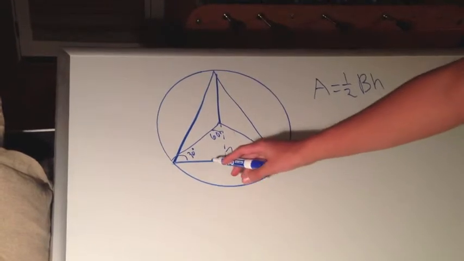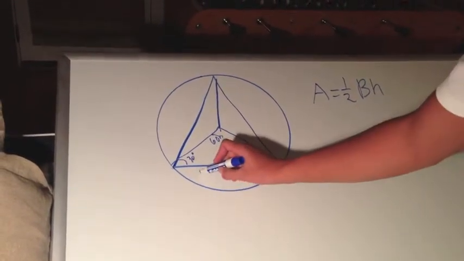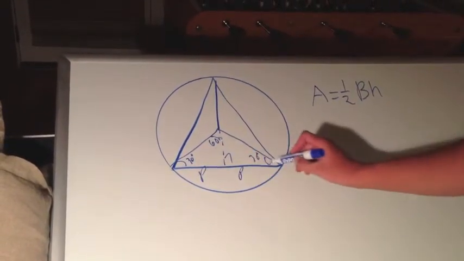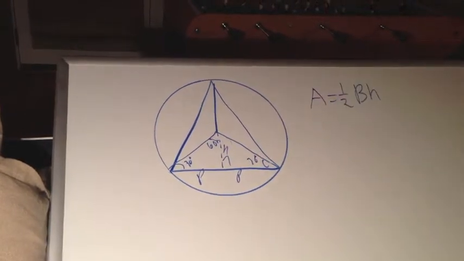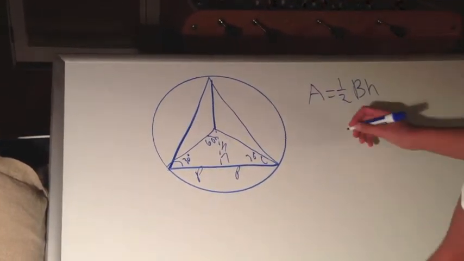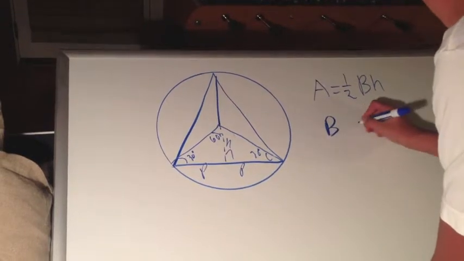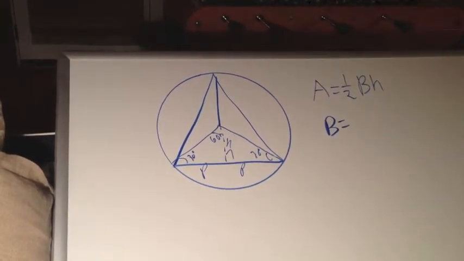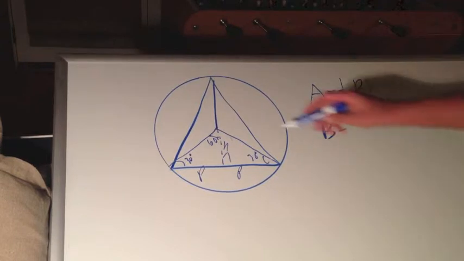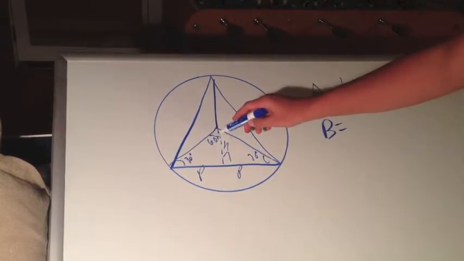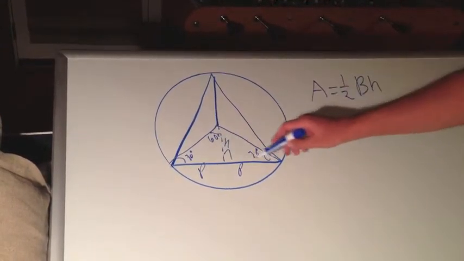We can give the base a different variable for now. Let's just call it P, and we'll give the height H. So the base should equal the sine of this angle times 2.